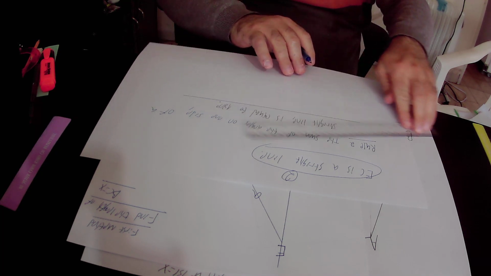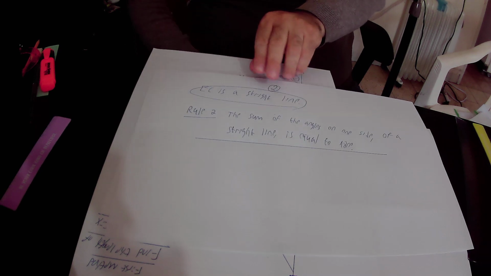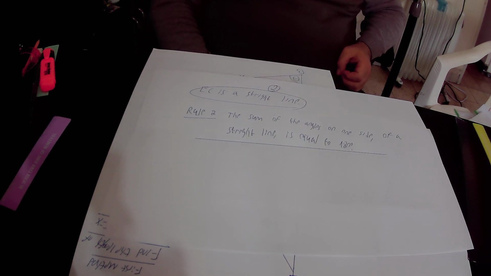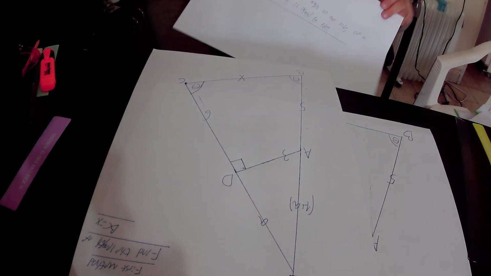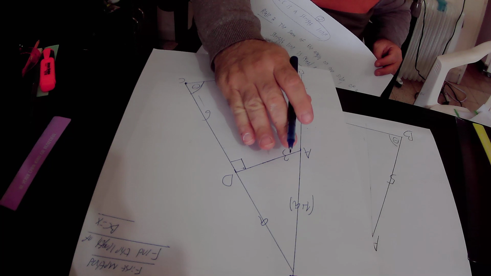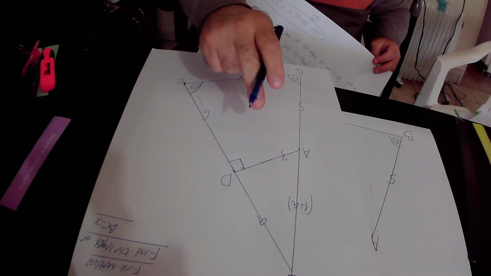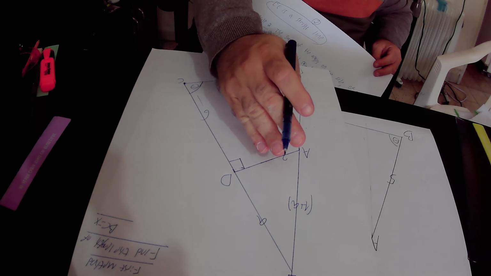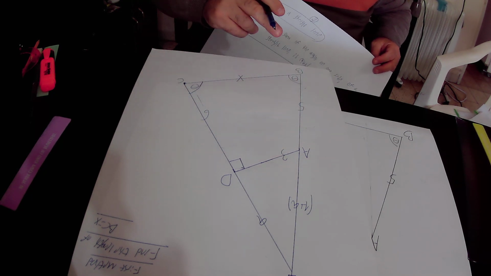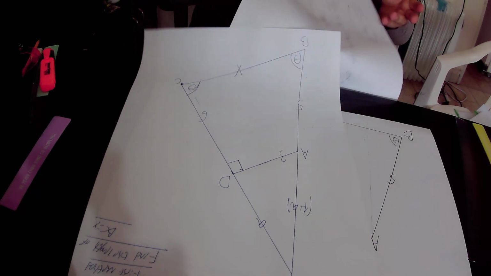So I will read rule number 2 again. According to rule number 2, the sum of the angles on one side of a straight line is equal to 180 degrees. So we know that EC is a straight line, so if we focus on this side of the straight line EC at point D, then on this side of EC at point D, the sum of the angles must be equal to 180 degrees according to rule number 2.